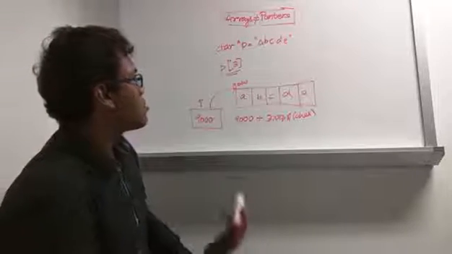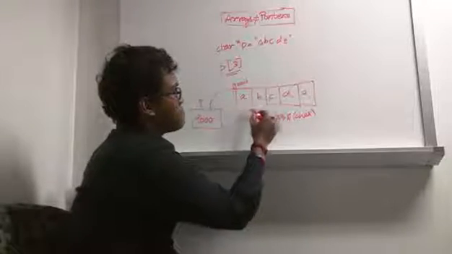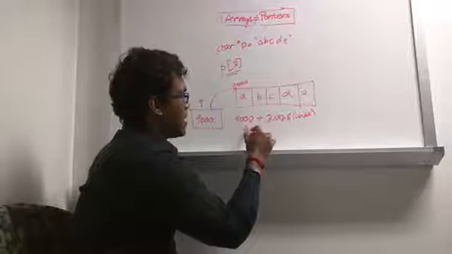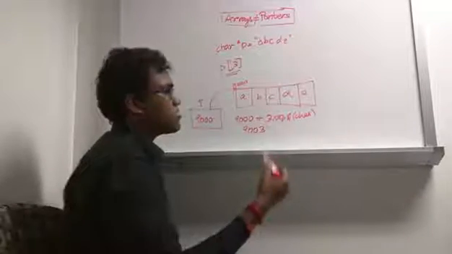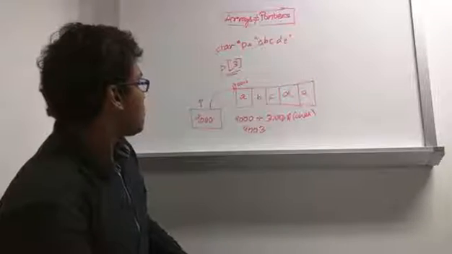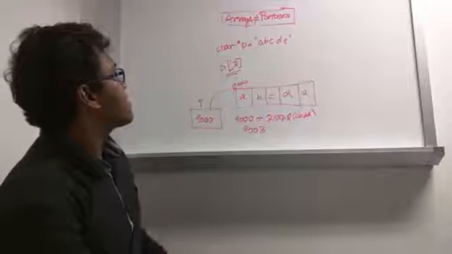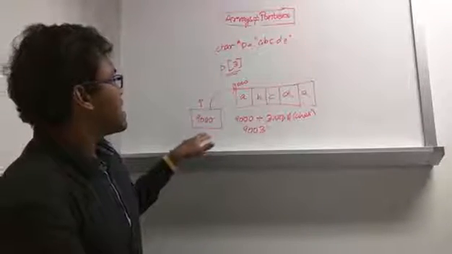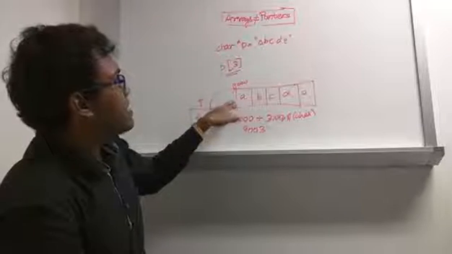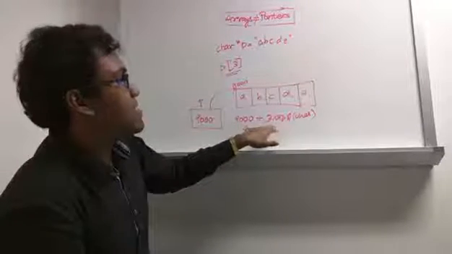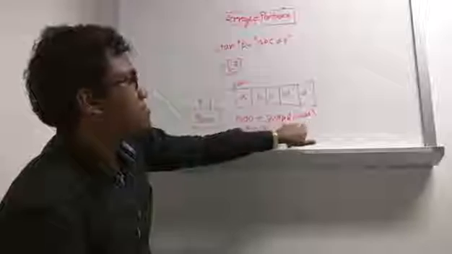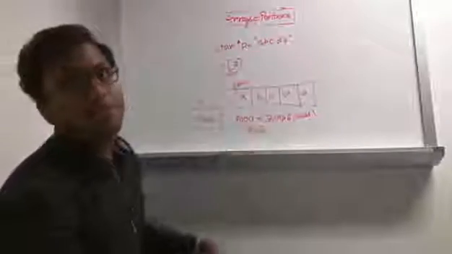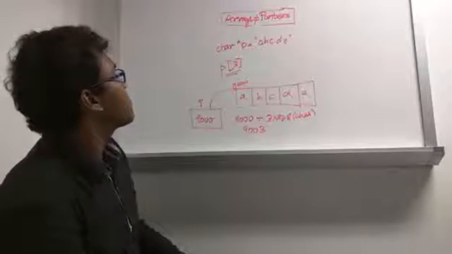So in this case it would be 9003. Note that this is a 2-level lookup process. The first thing is that it gets the base address, and to the base address it adds the size of character times the number of locations it has to skip.